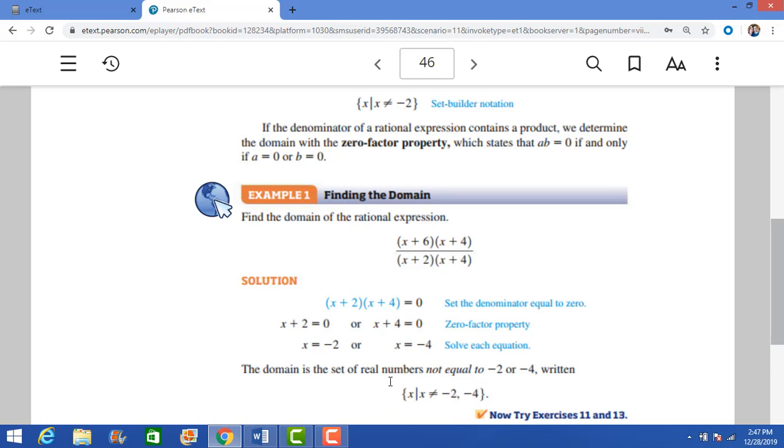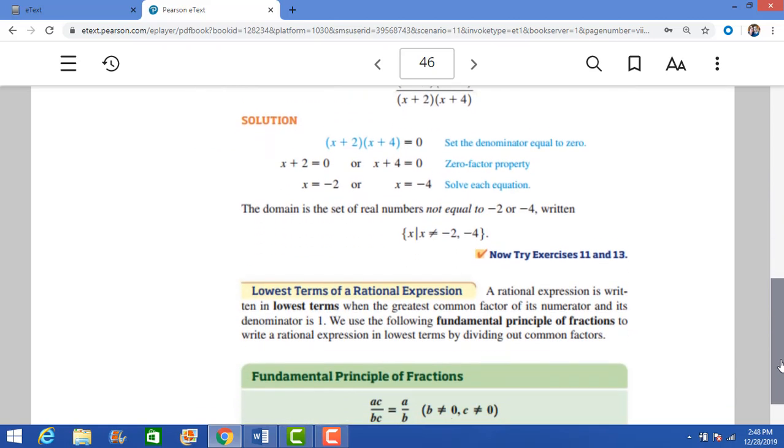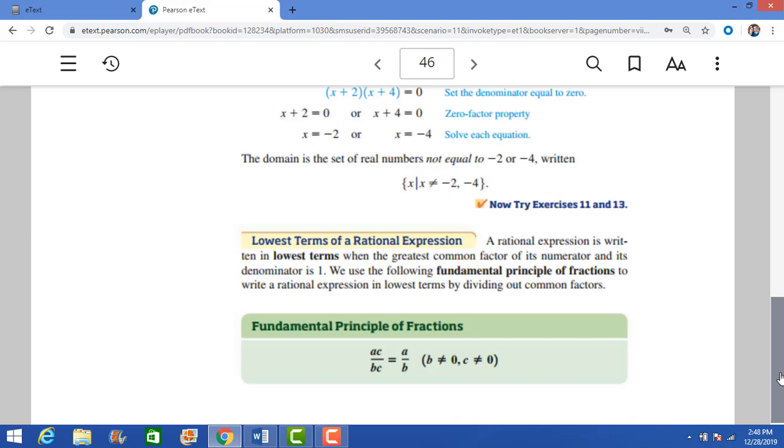And so we would write, again, the domain in set builder notation. We would say the set of all x such that x cannot be equal to -2 and -4. So go ahead and try these exercises here for practice. Again, if you get stuck on anything, or if you get the wrong answer or you're not sure what to do, we can work them out in class.